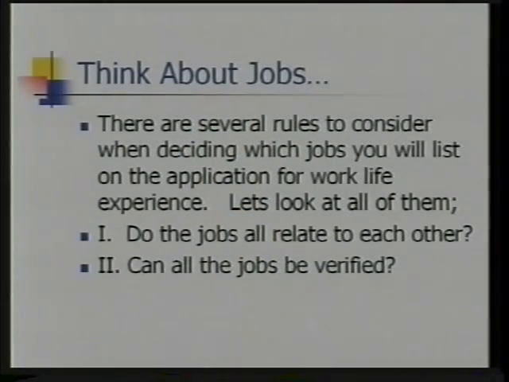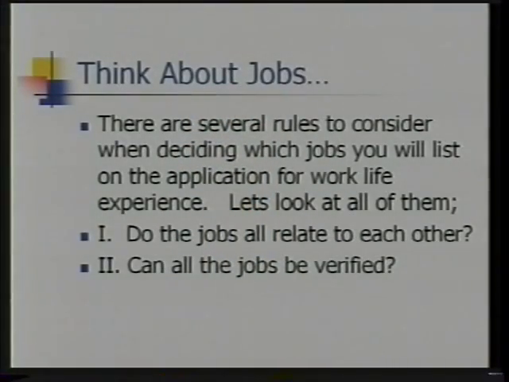So when you want to list on the application, there's several rules that you want to think of as you're doing that. First of all, when you're deciding, you want to look at all these rules. Do the jobs relate to each other? That's the first rule you want to consider. So you want to say, does carpentry relate to being in the artillery in the military? No, that doesn't relate. Does secretarial work relate to being a swimming instructor?